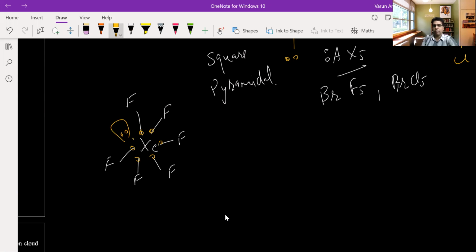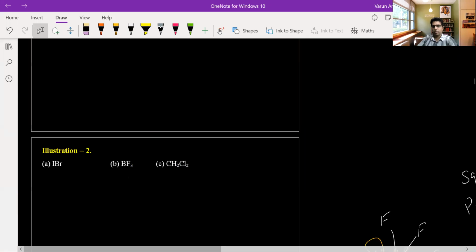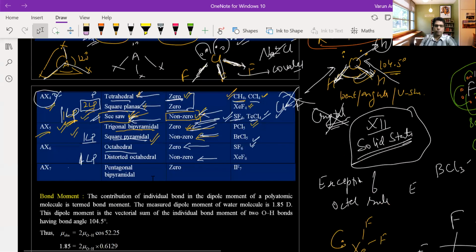So this shape is known as distorted octahedral shape. So here xenon will have one lone pair, and the last one is the AX7 type of molecule.